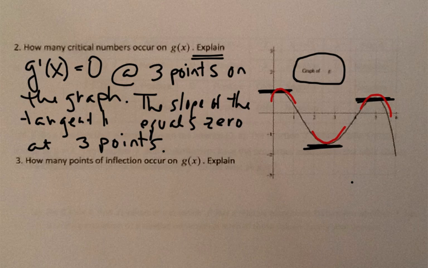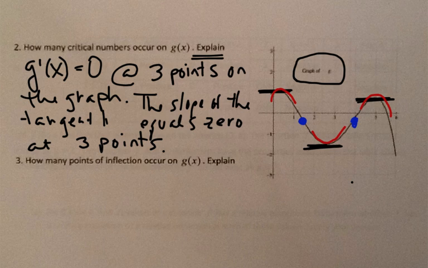So a point of inflection would occur midway between the maximum and the minimum here. So there should be one here, and then midway between the minimum and the maximum here should be about right here. So there are 2 points of inflection.